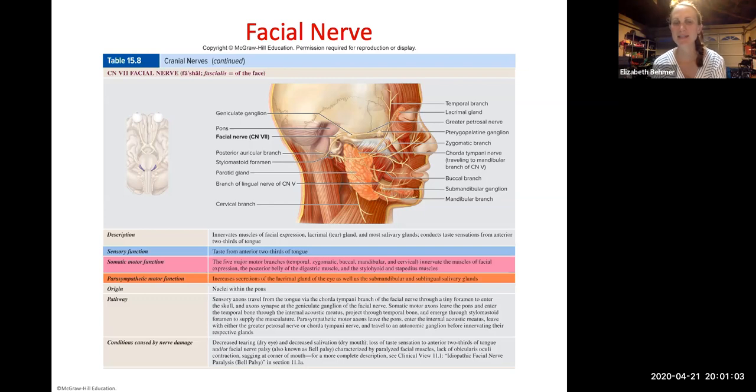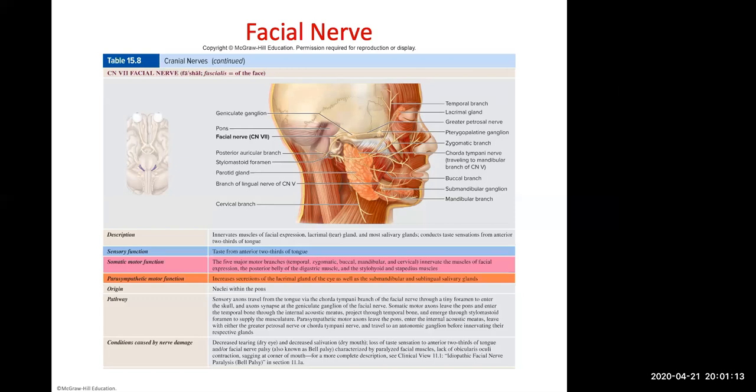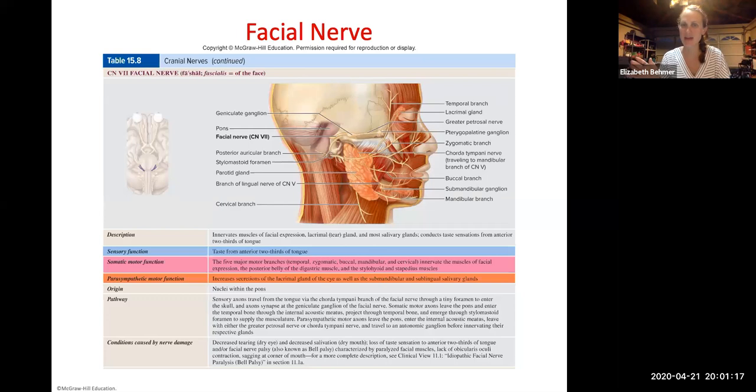Also, the parasympathetic motor function is to increase secretions of your lacrimal gland of the eye, as well as some of your salivary glands. So your facial nerve has a lot of different branches going everywhere in the face. It helps all the muscles of facial expression, as well as innervating the lacrimal gland and some salivary glands. So that's the answer to number 18.